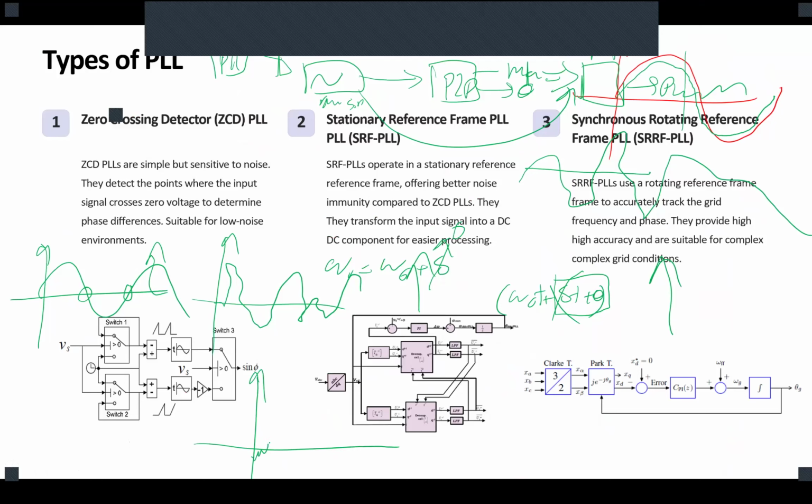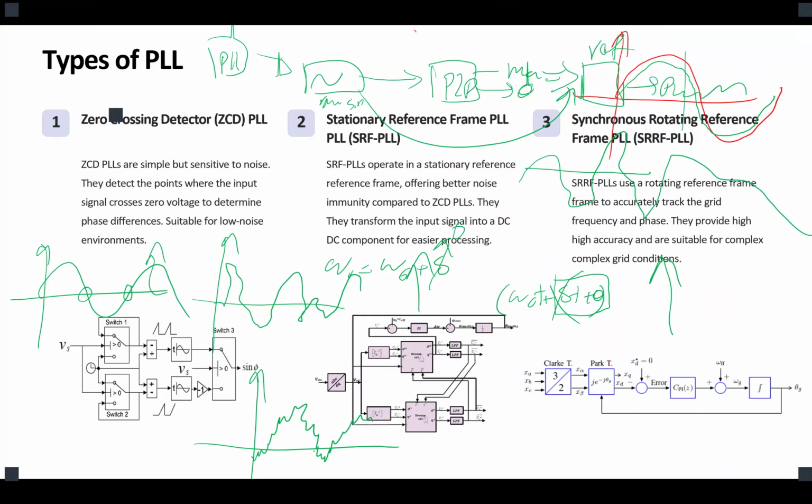Let's say we have a harmonic in our sine. Now you can see that our distorted voltage would not simply cross the zero line at 180 degrees and 360 degrees.